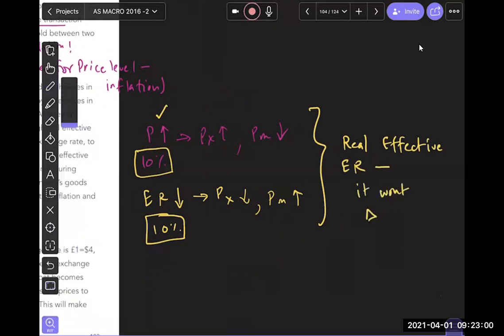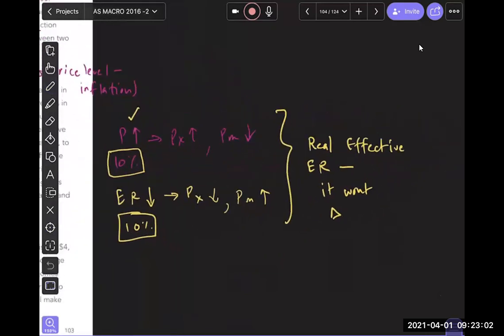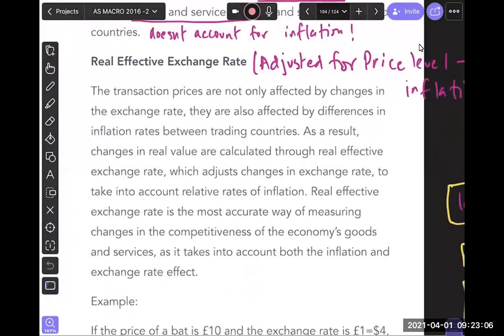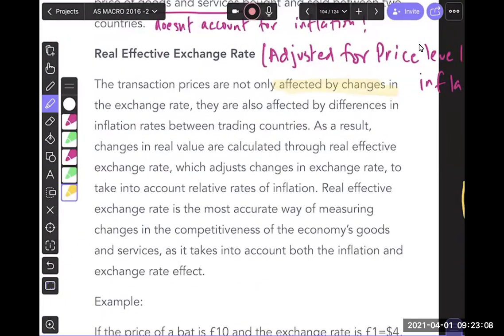Why would it not change? Because inflation is making things expensive. So the transaction prices are not only affected by changes in the exchange rate, they're also affected by differences in inflation rate between trading countries. As a result, changes in real value are calculated through the real effective exchange rate.